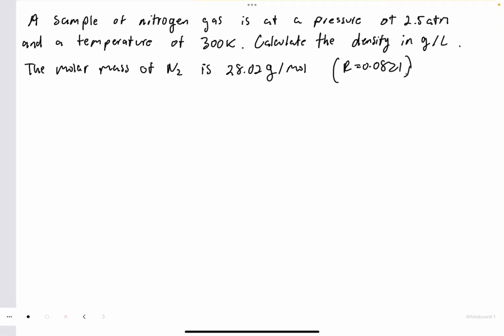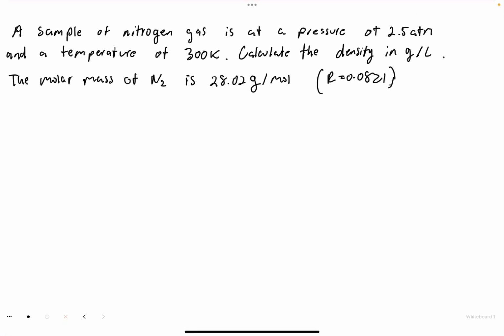So let's try this last example. A sample of nitrogen gas is at a pressure of 2.5 atm and a temperature of 300 Kelvin. Calculate the density in grams per liter. The molar mass of nitrogen is 28.02. In the past few problems in this video, we've been using PV equals nRT.